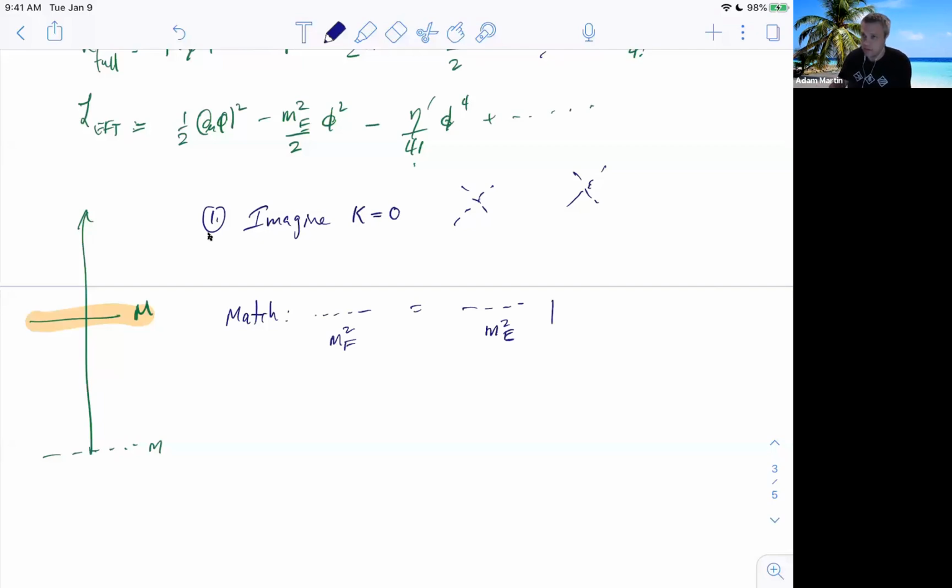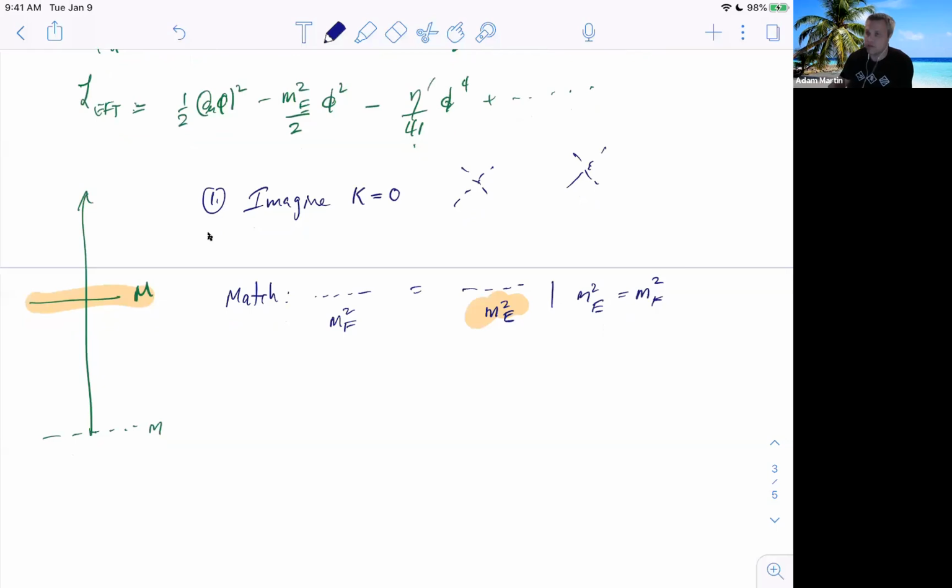The purpose of matching is to solve for the effective theory couplings and masses in terms of the full theory. That just tells us m² in the effective theory is the same as m² in the full theory. There's no interaction, or there's nothing that I'm integrating out that's different in the full theory and in the UV theory.